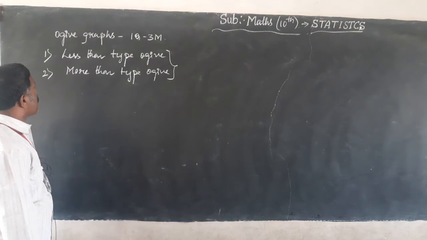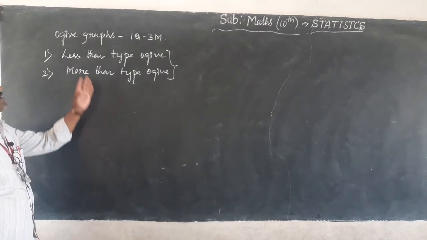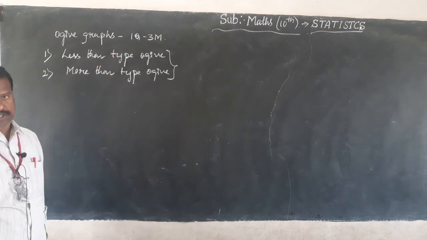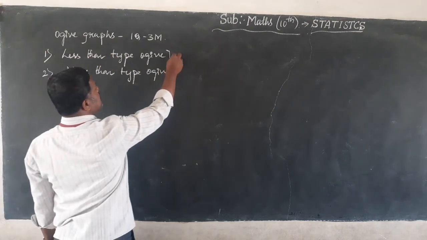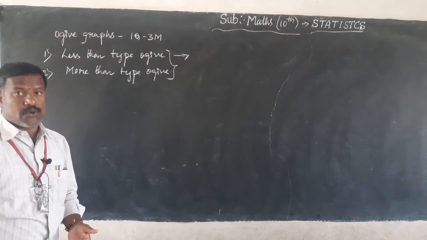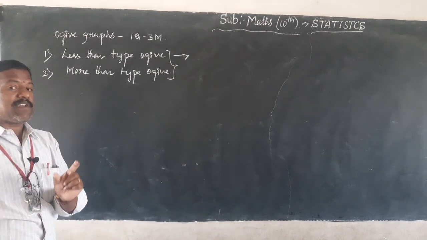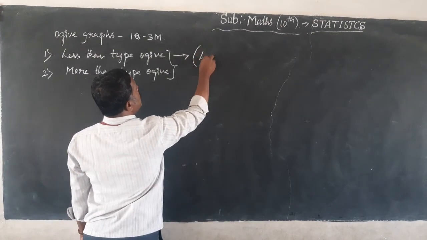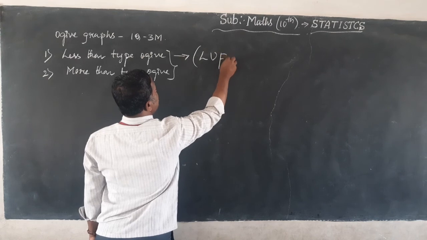In this video I would like to present how to construct less than type Ogive. Children, in bracket you have to write down: here I have given you one trick, one code, that is LUFA code, L-U-F-A.